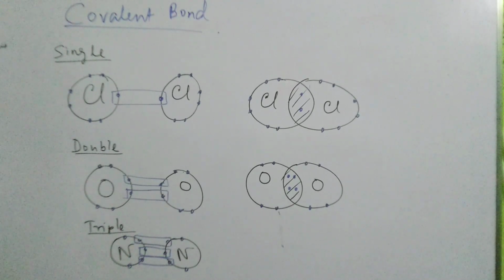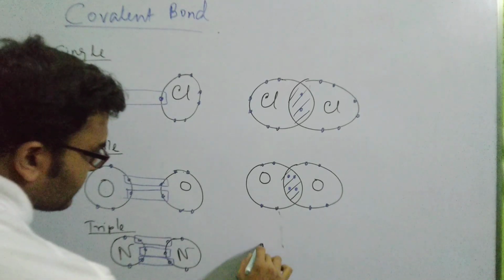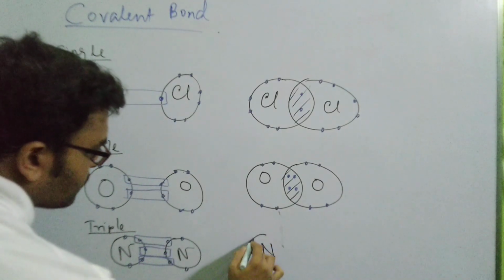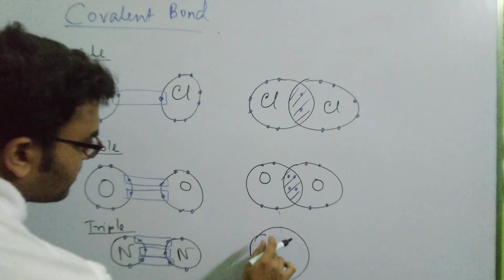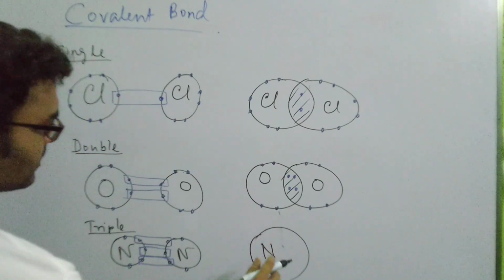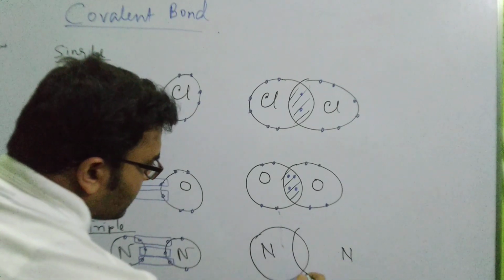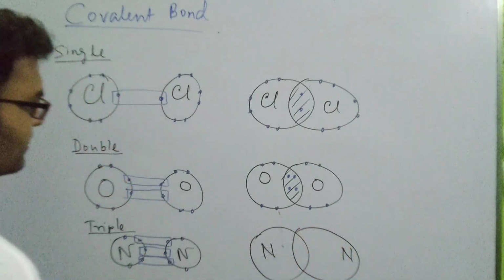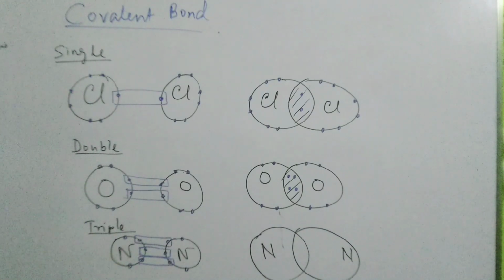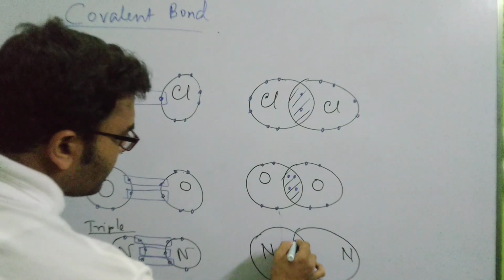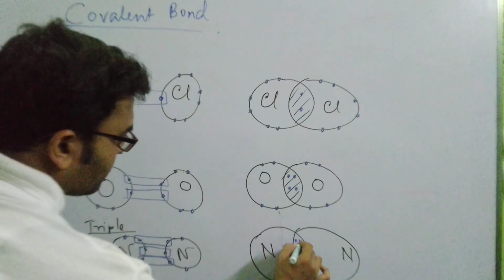So if we see the configuration of the nitrogen molecule, it is something like this. Another nitrogen atom will have a structure like this. In the space in between we have 3 shared pairs of electrons.